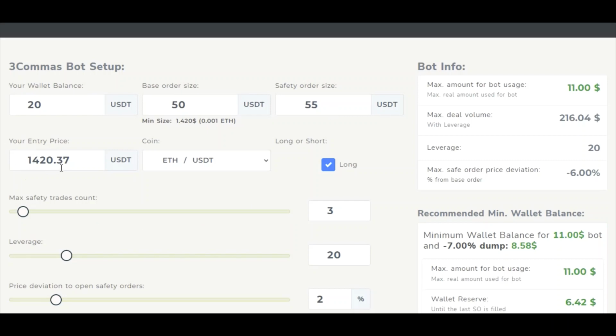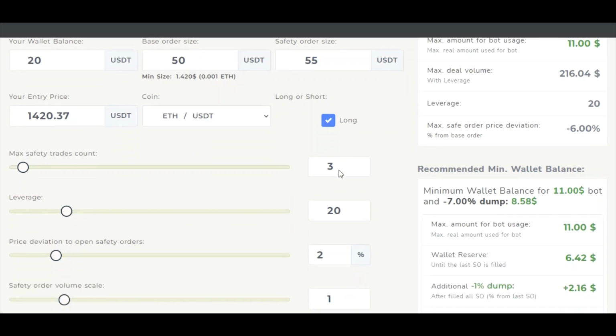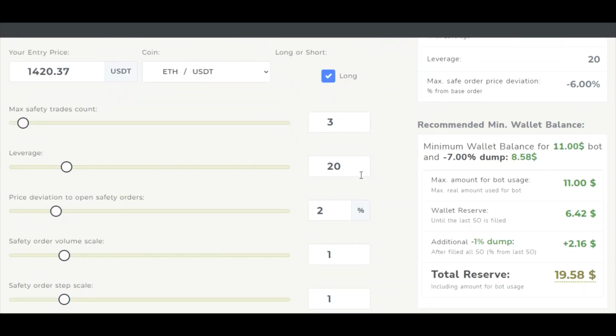This entry price is automatically selected. If it is changed, when you refresh it will update here. Then I have selected the currency pair Ethereum USDT, and I have selected long. So this is going to be a long position, right? Max safety trades count I have put 3 in 3Commas as well, and the leverage I have selected 20.